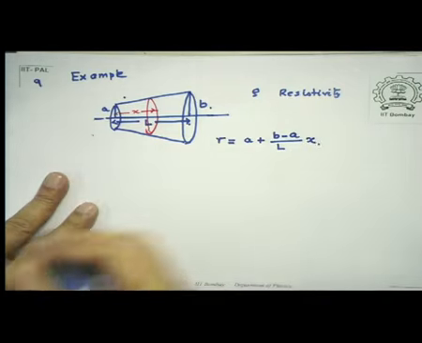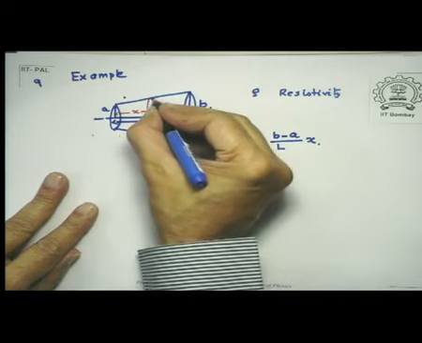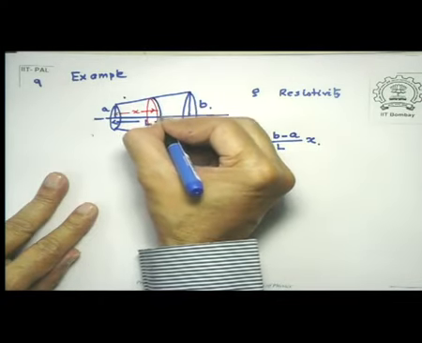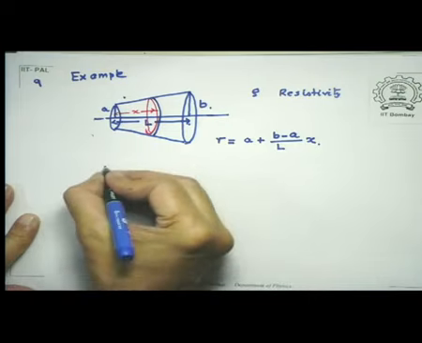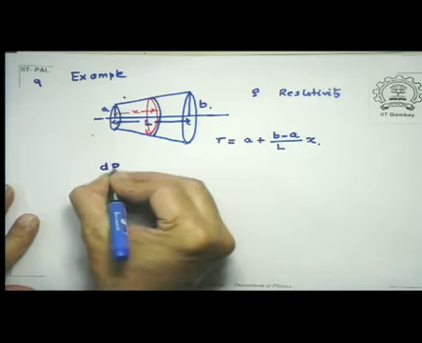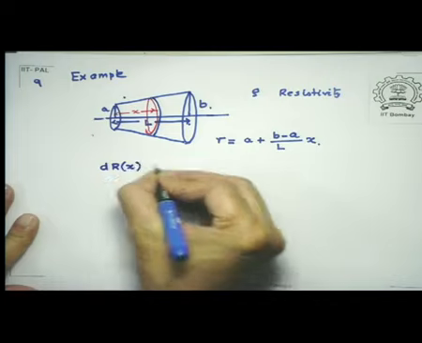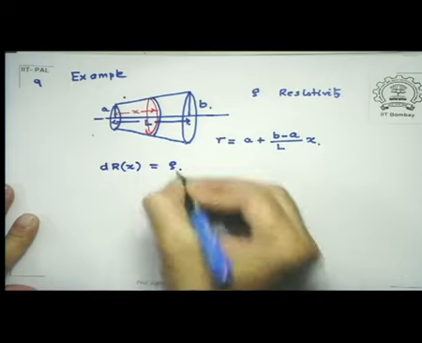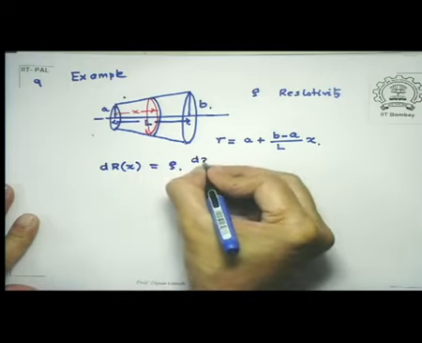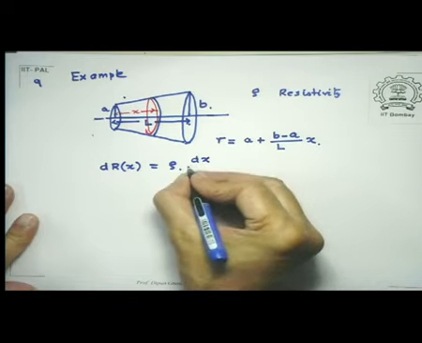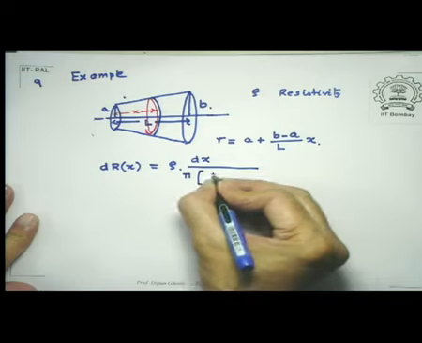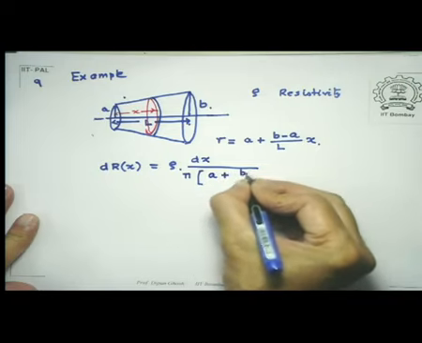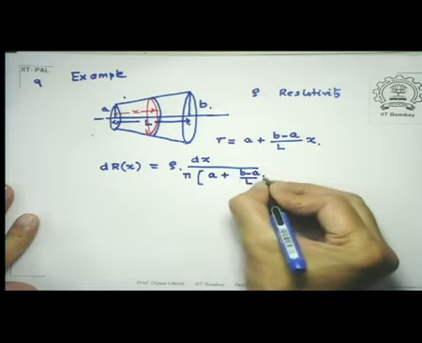So supposing at that distance I consider a small cylinder of width dx. So my resistance of that section dr at x will be given by rho times the length, which is of course dx, divided by the cross sectional area, which is pi into this radius square, which is (a plus (b minus a) by L x) whole square.